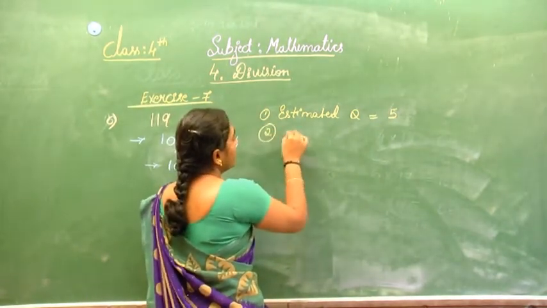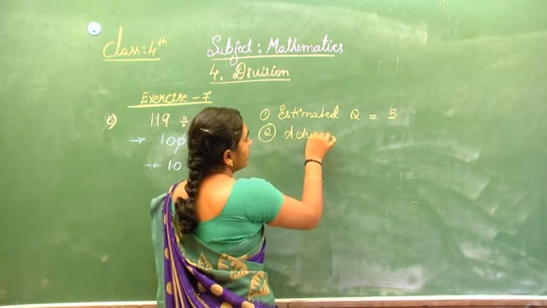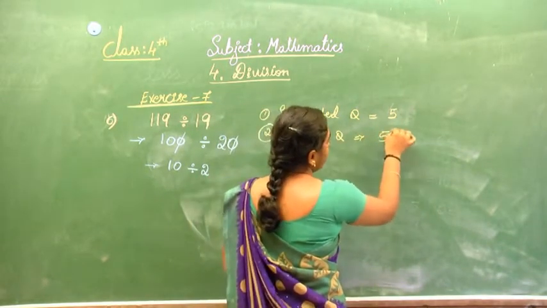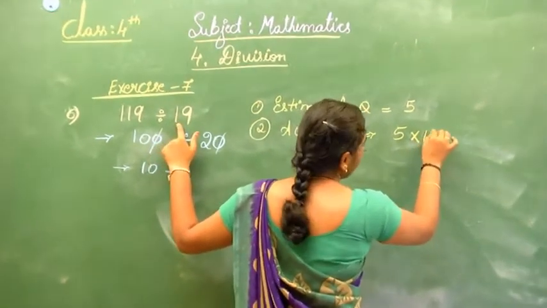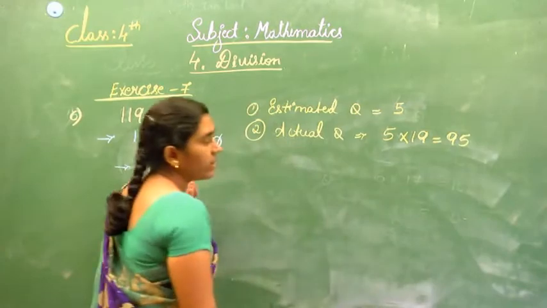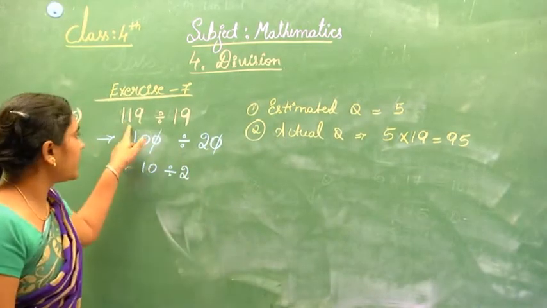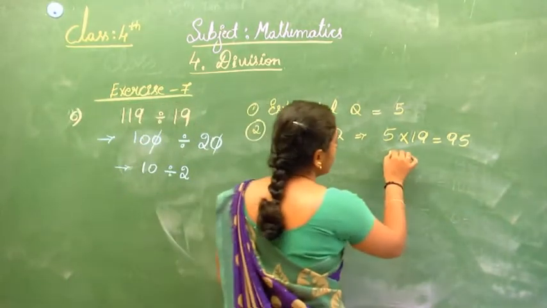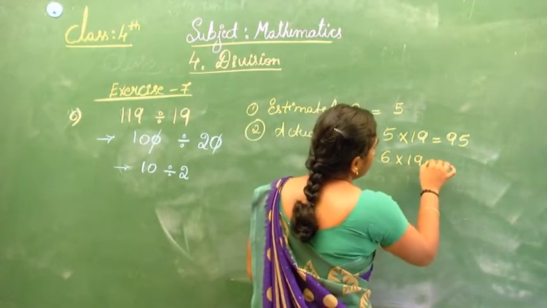Next, we need to calculate the actual quotient. Actual quotient we need to check by 5 into 19, which is 95, right? 19 fives is 95. It is not nearer. So check for 19 sixes. How much is 19 sixes?